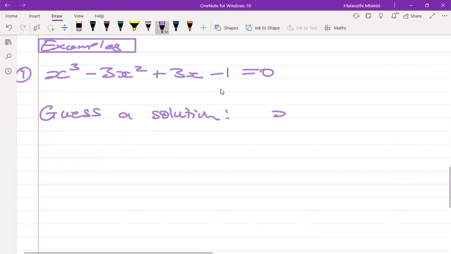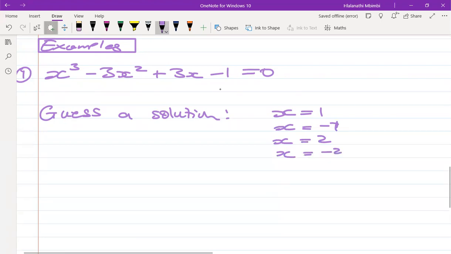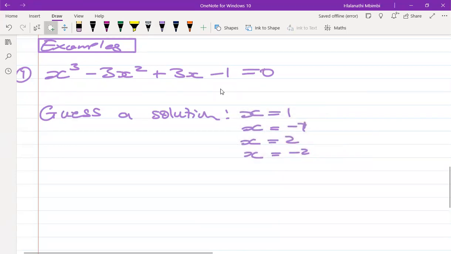You can guess x is equal to 1, or x is equal to -1, or x equal to 2 or -2. Those are your guesses. Then you substitute it into your function and look at what you get.